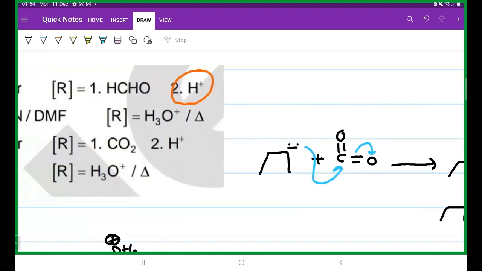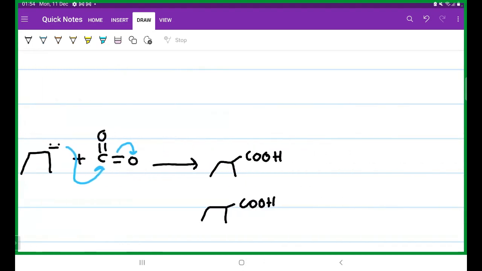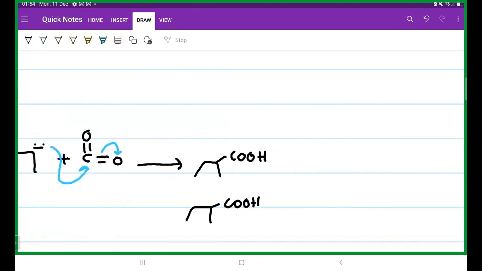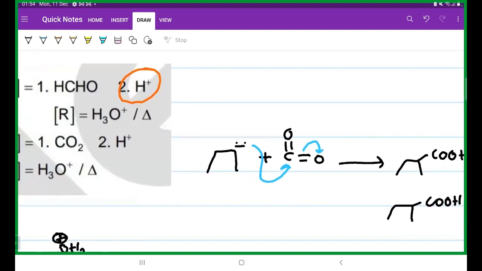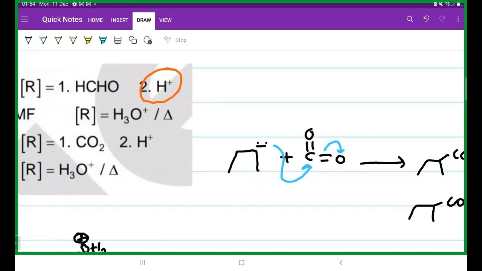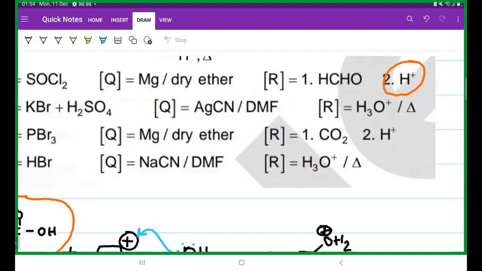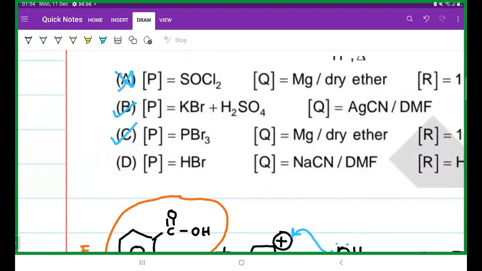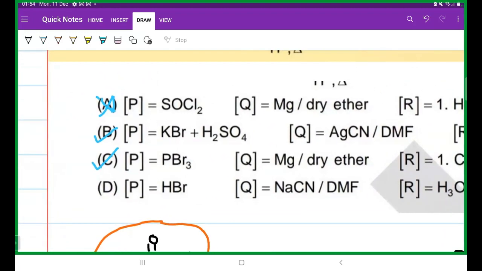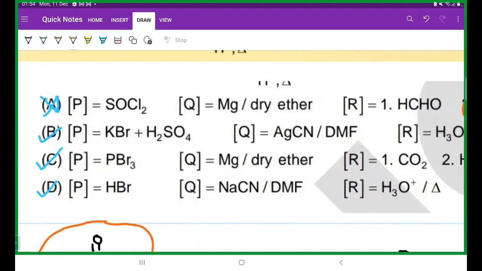Only upon complete hydrolysis do we get COOH. Upon incomplete hydrolysis, I think we get CONH2. I'm not very sure, I will check it up. So K is the same for B, C, and D, so the final product L will be the same for B, C, D. So B, C, D is the correct answer. There you have it.